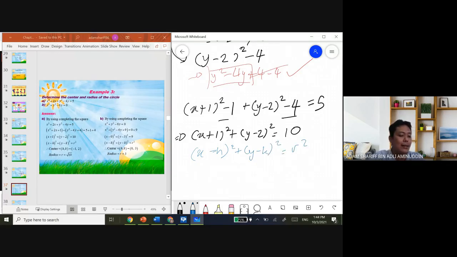So boleh tak kita tahu dia punya center? Of course, the center will be -1 and also 2. Compare je lah, compare the bottom one and the top one. And the radius is square root of 10. Siap?